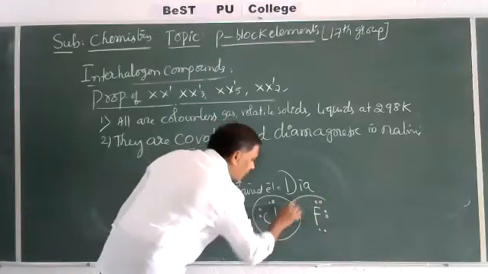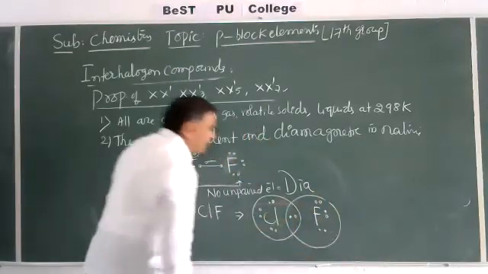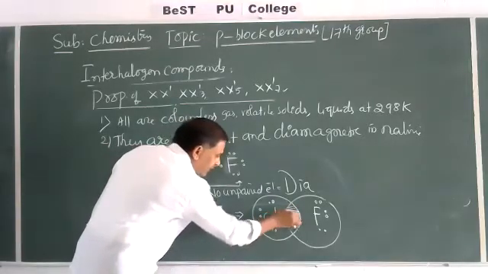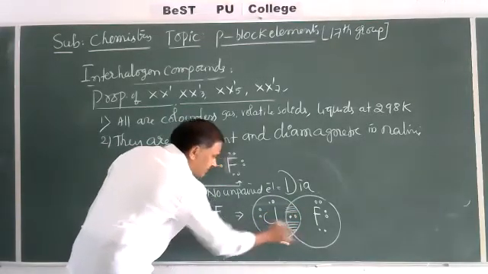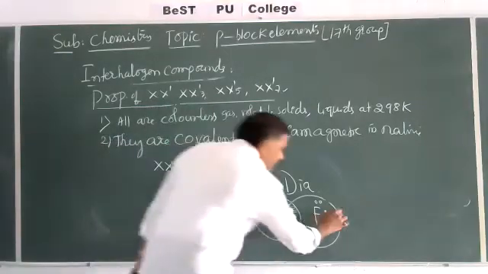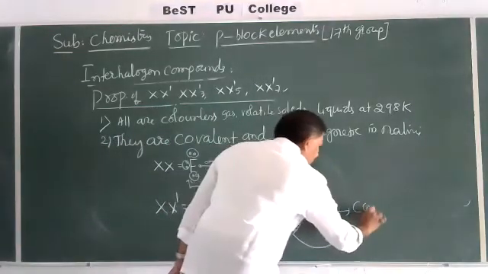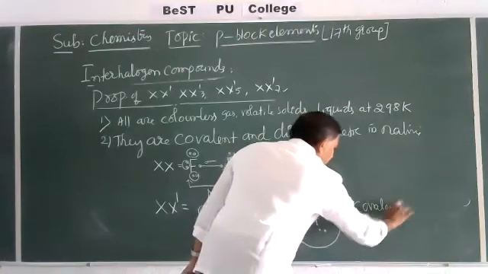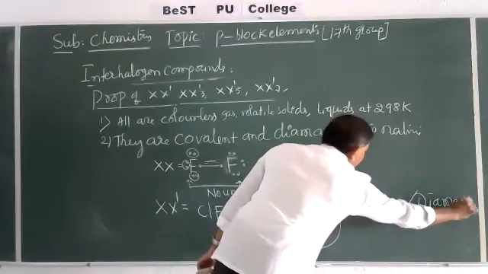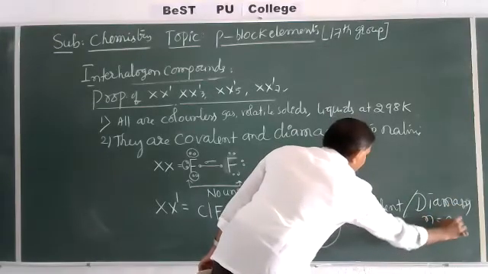It forms one covalent bond like this. Lewis dot structure. It is paired, no unpaired in outermost orbits, one covalent bond. All these are paired. That's why these are also covalent and diamagnetic. Why it is diamagnetic means the number of unpaired electrons n is equal to 0.